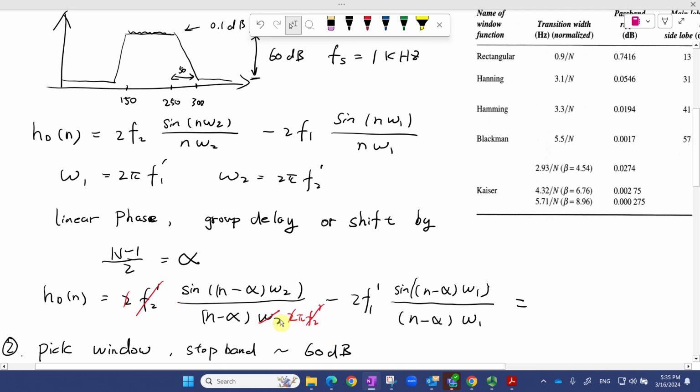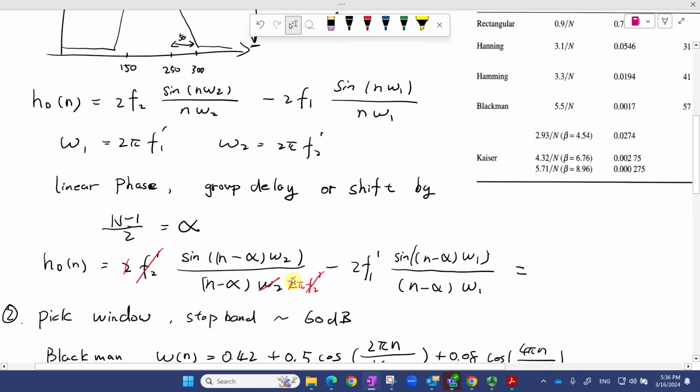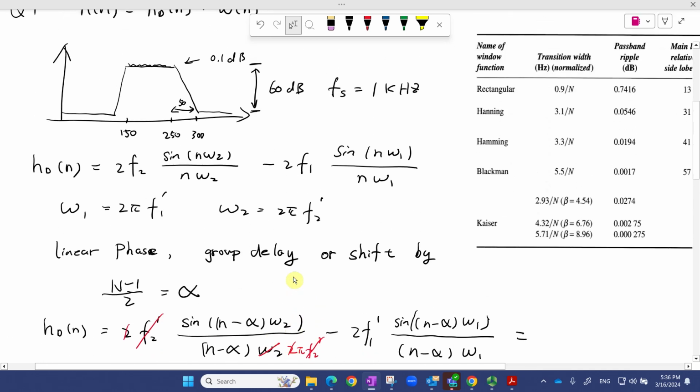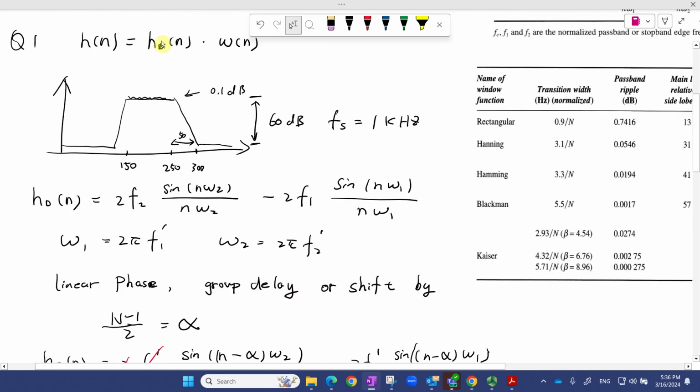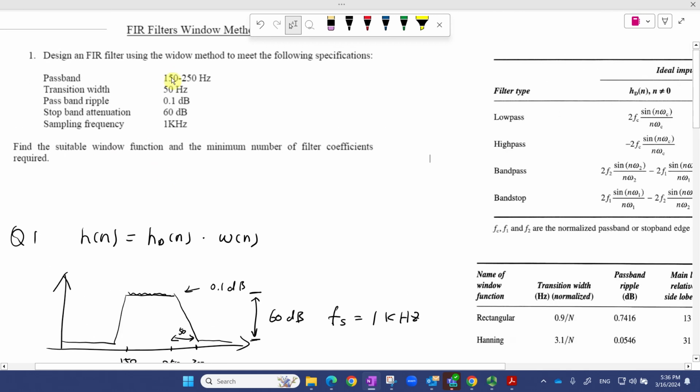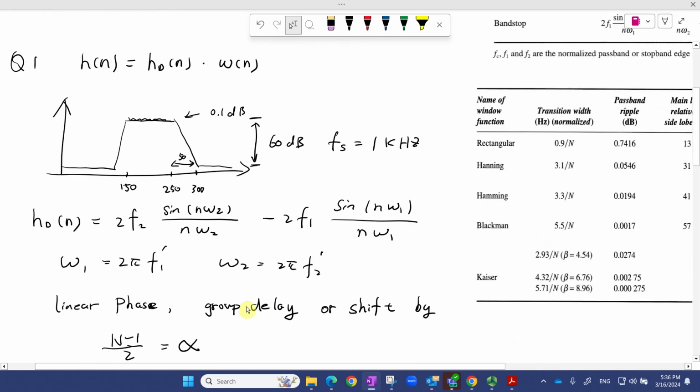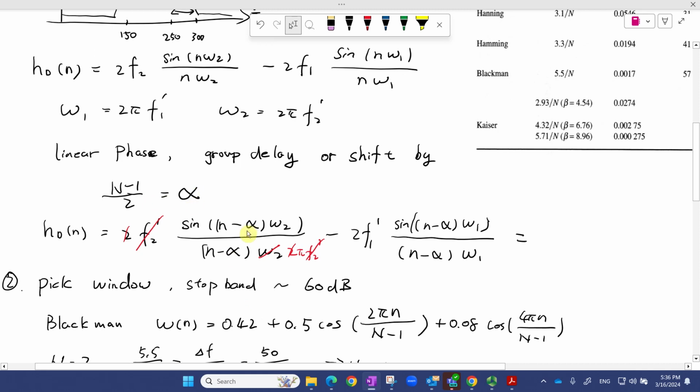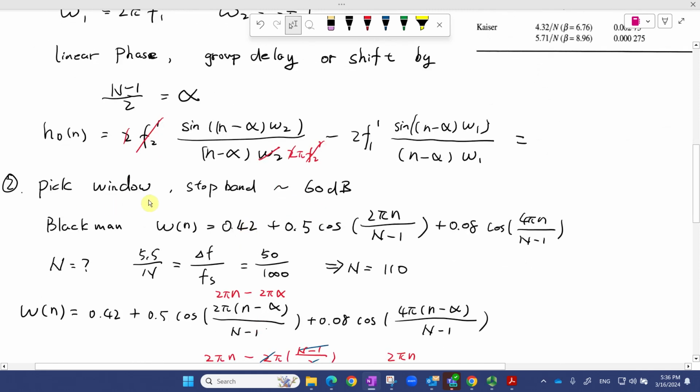So in the end, we get sin of omega times (n minus alpha), and this becomes pi. Only a pi is left. Same thing here, so you can see the simplified version later. That's the first step: you pick the h_d[n] by looking at which type of filter you need, and you shift it by alpha.